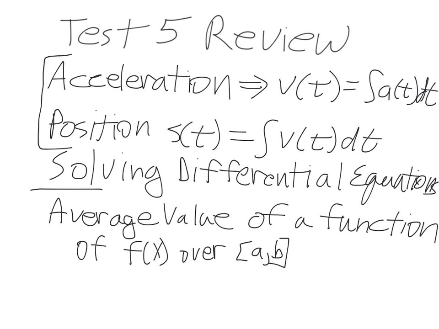The average value is calculated as 1 over b minus a, times the definite integral from a to b of that function. Make sure you remember that formula. Not a difficult calculation, but remember 1 over b minus a.